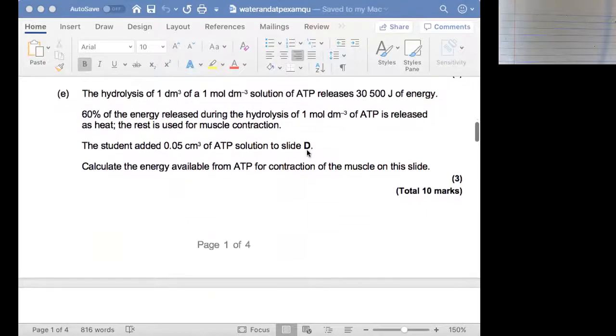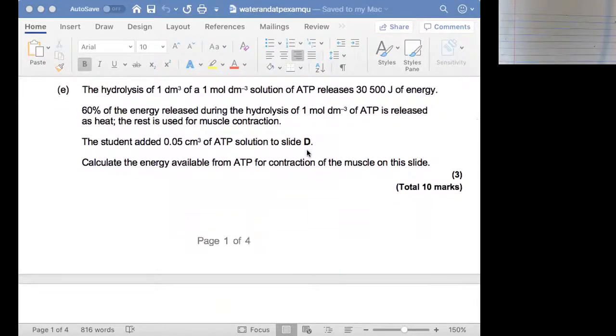What I'm interested in here is the maths question. So it says the hydrolysis of 1 decimeter cubed of a 1 mole per decimeter cubed solution of ATP releases 30,500 joules of energy. Okay, so that's how much for 1 decimeter cubed.